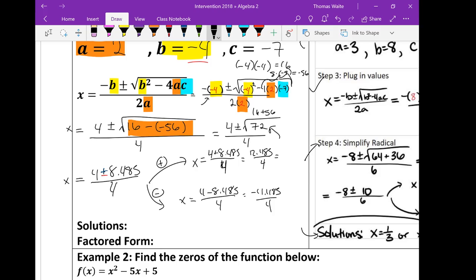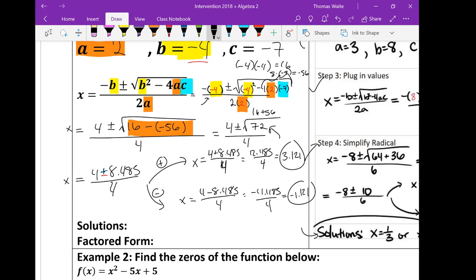And then 3.121. On bottom we got negative 4.485 divided by 4. It's negative 1.121.